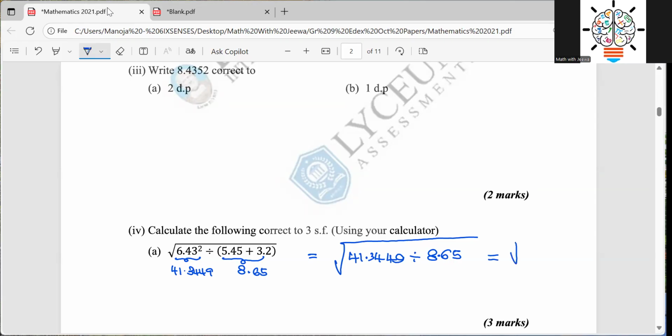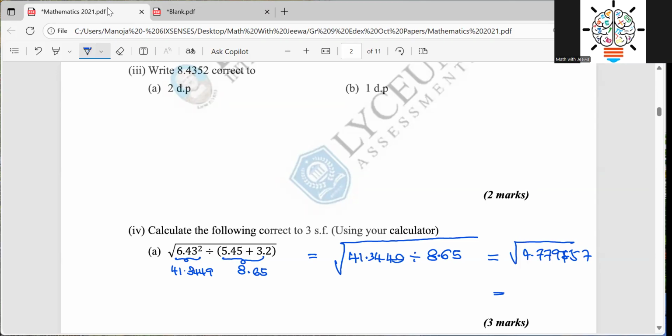It gives me 4.779757. So then here you can straight away get it from the calculator.